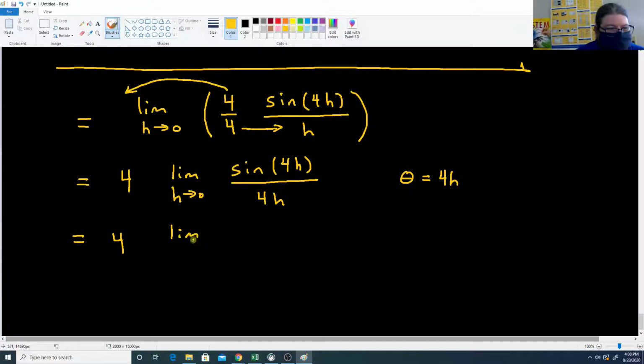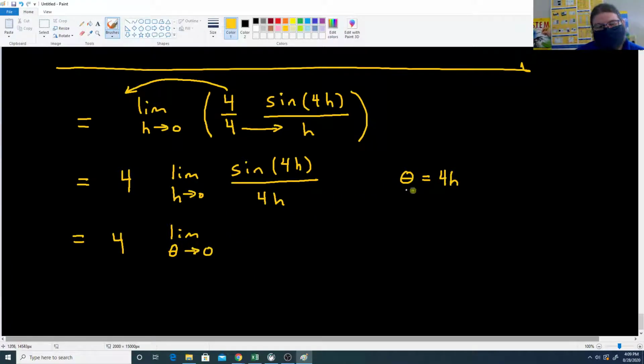If you think about it, if h approaches 0, then 4 times something approaching 0 still approaches 0. So theta approaches 0.